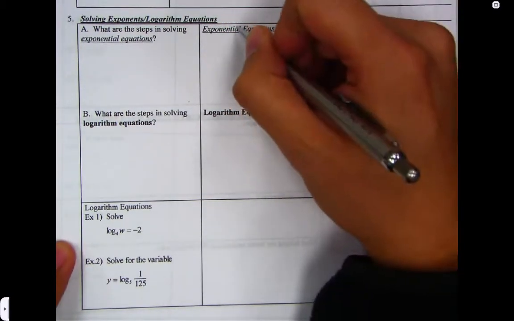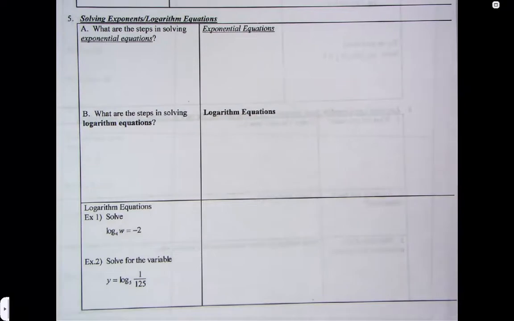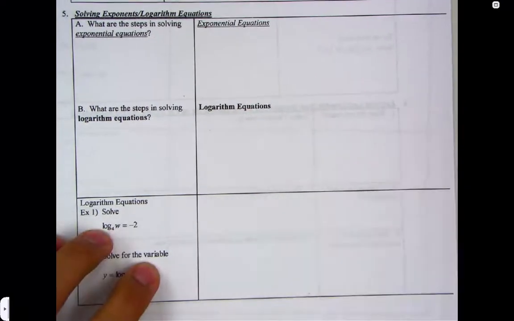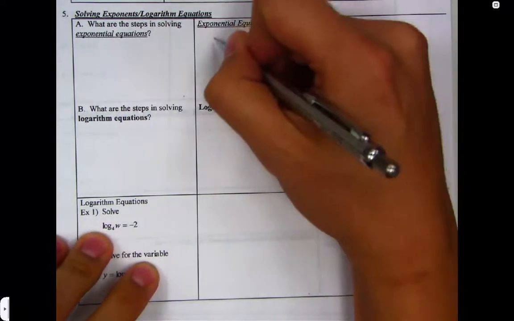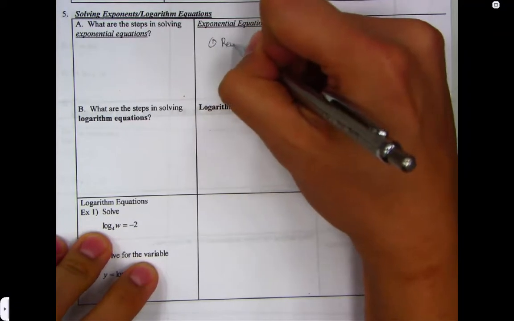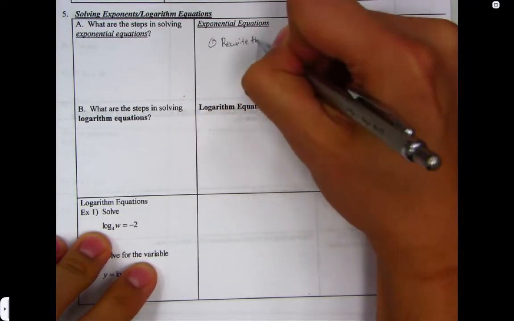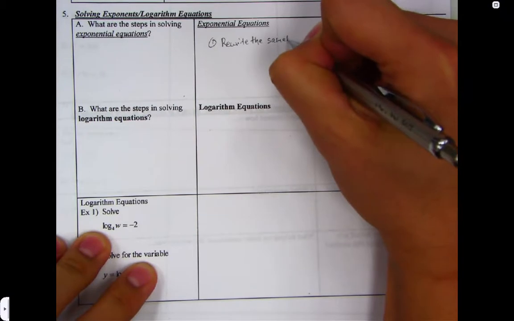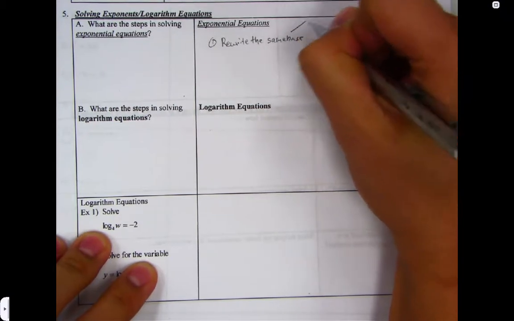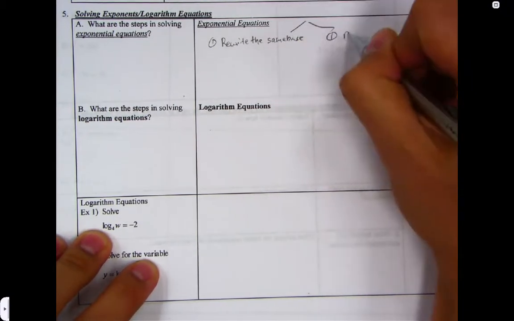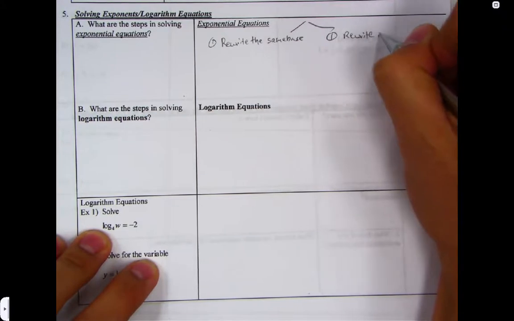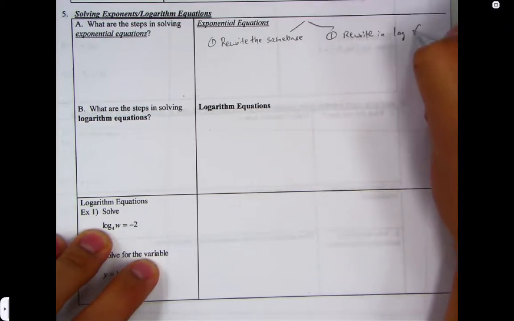Well, exponential means a variable in the exponent, and log equations means log. So the first step is, if you can, rewrite it in the same base. If you can't, rewrite it in log form.